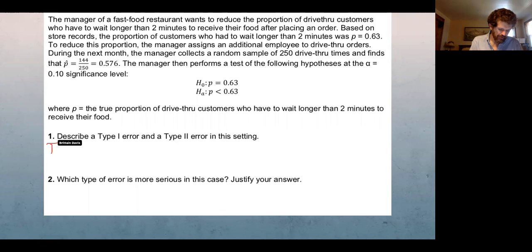All right, we have our hypotheses. Remember, type 1 is we reject the null, but we should not have. So what does that mean in this scenario?